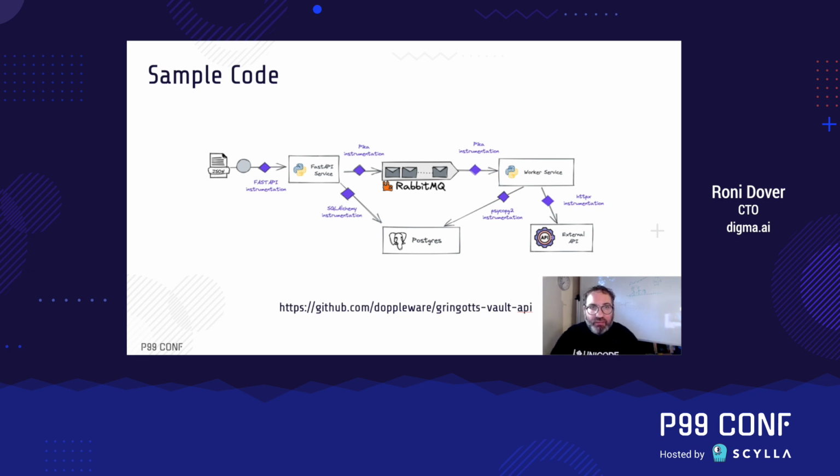All of these purple diamond shapes are automatic instrumentations that I got out of the box without changing any code. So right out of the gate, I had a lot of data to play with coming out of this application.